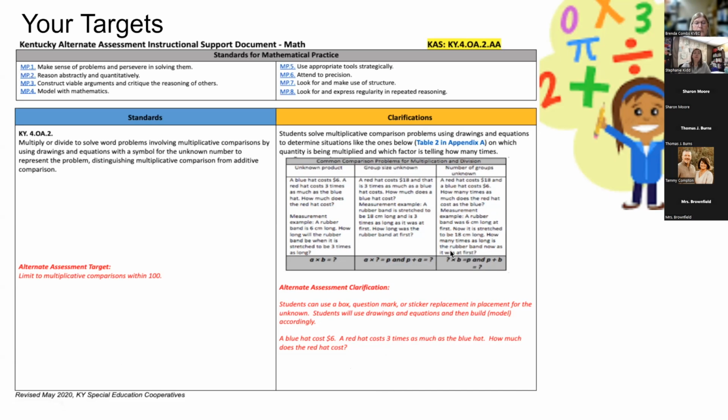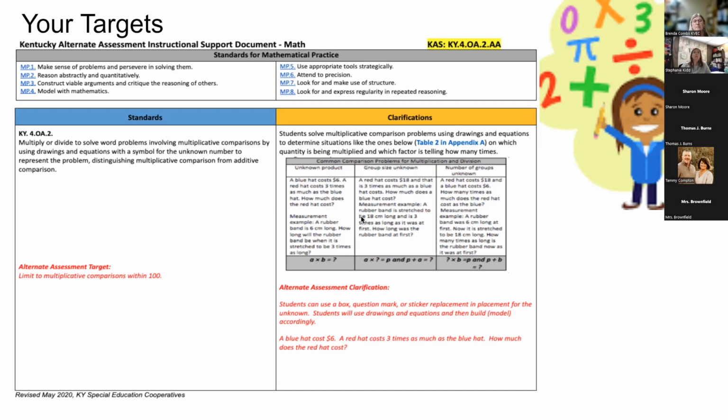Many times we'll see somebody who will create a worksheet and they only do a part of it. Brenda knows we've looked through several back when we used to have the folders, and we'd say, well, it doesn't meet the standard because they only had one piece of it. So maybe they only did unknown product. Well, if they only did unknown product and they were just giving the answer, then they didn't meet the full standard.